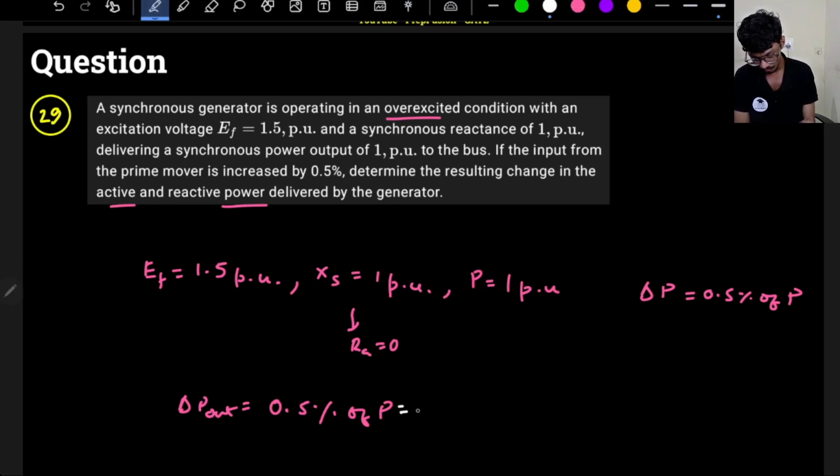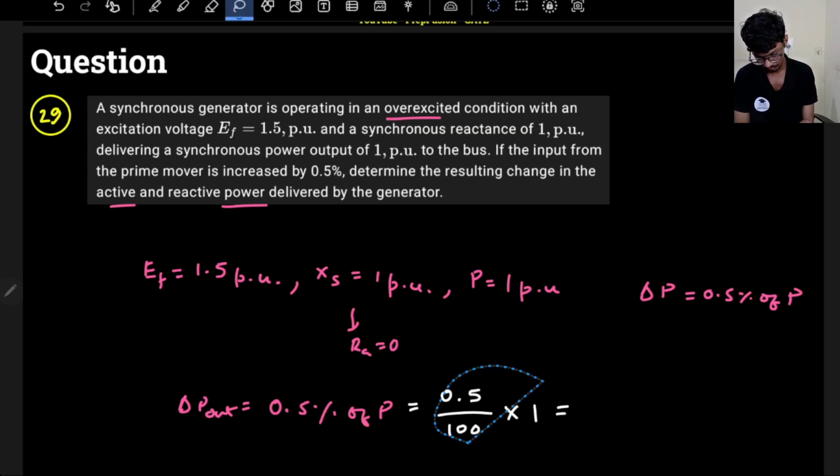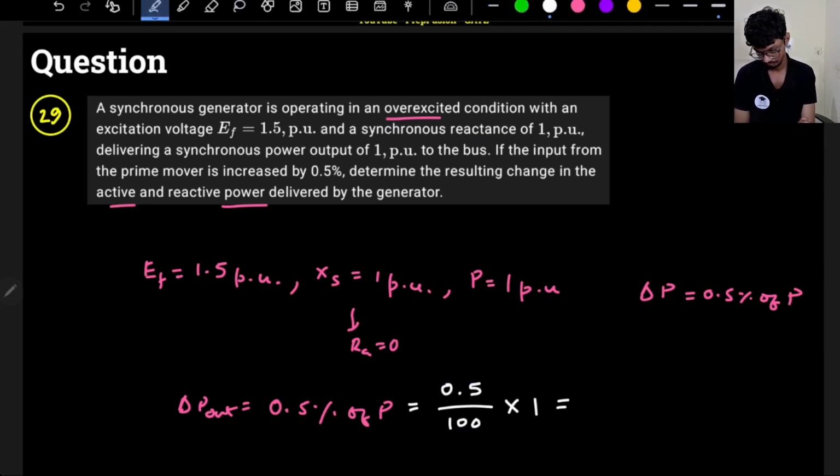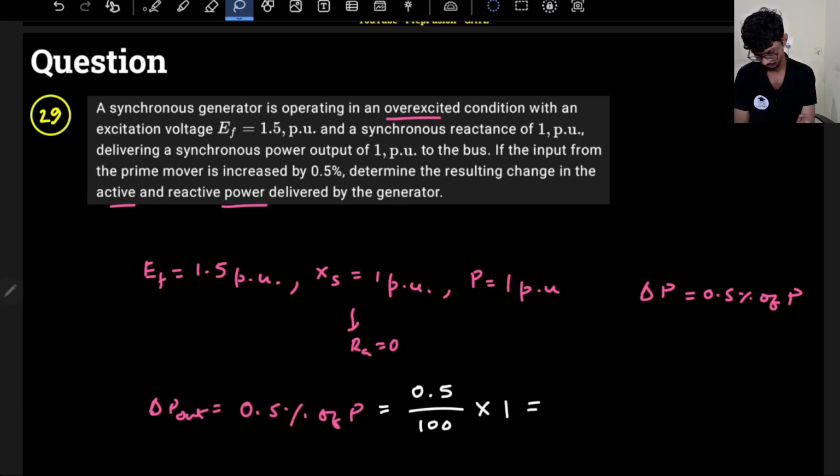So the change in the output will be 0.5 divided by 100 into 1, so this will be 0.005 pu.